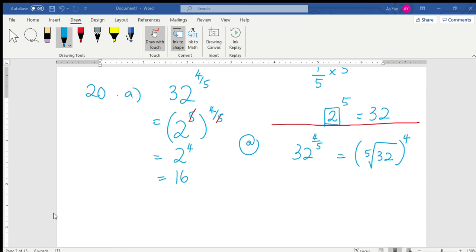Sorry, I forgot. Okay, 5, shift, this symbol, 32. So we will get 2. So we'll get 2 to the power of 4, which equals to 16. Another method.